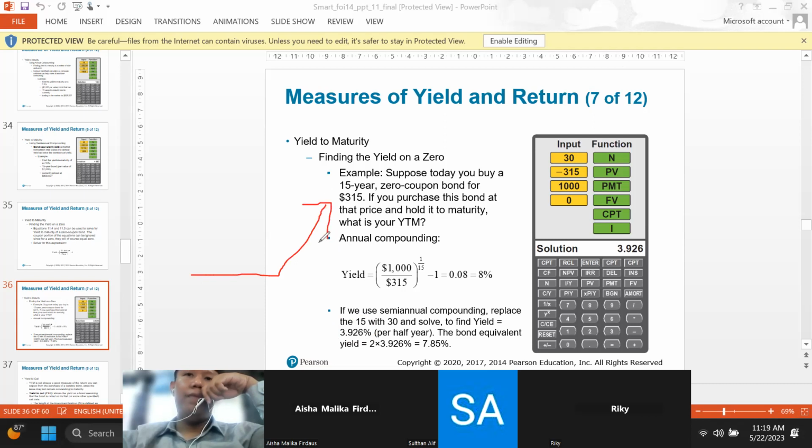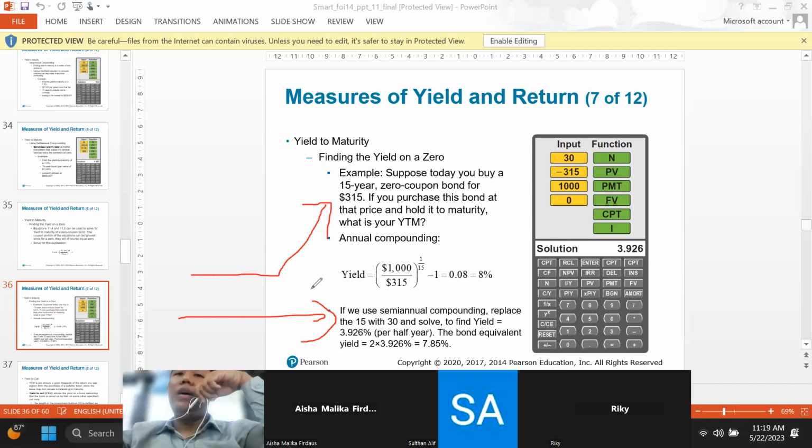The above example is the calculation assuming that the interest is paid annually, but the example below is the case where the bond pays semi-annually.